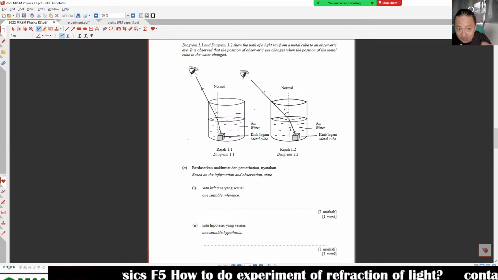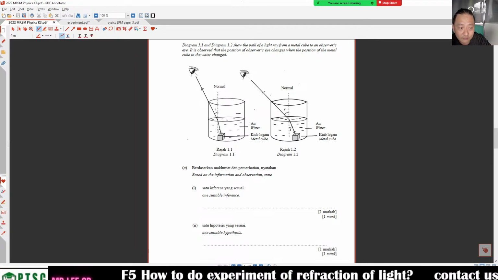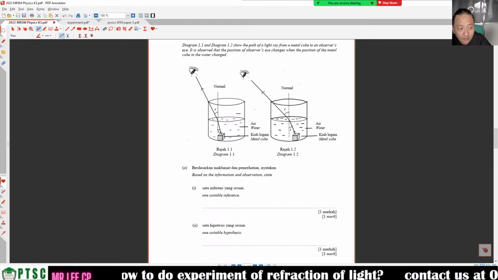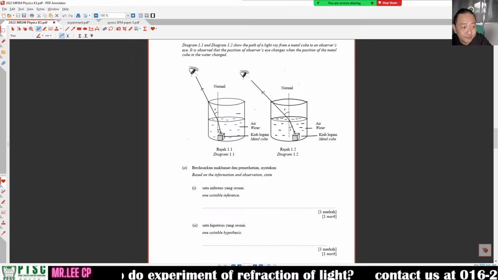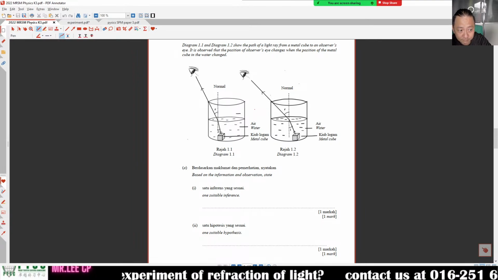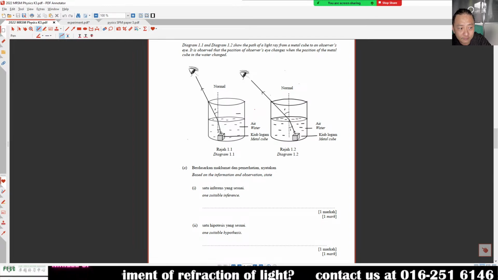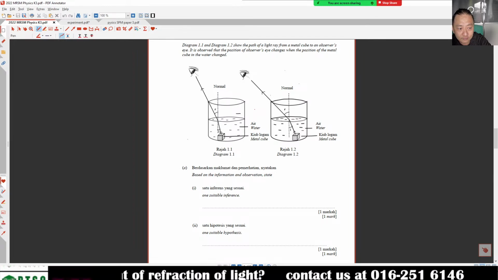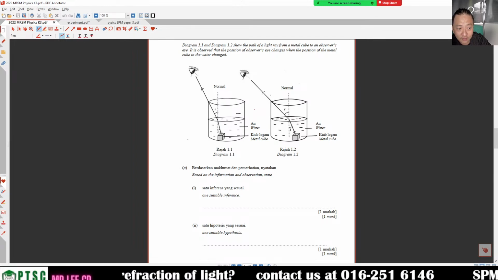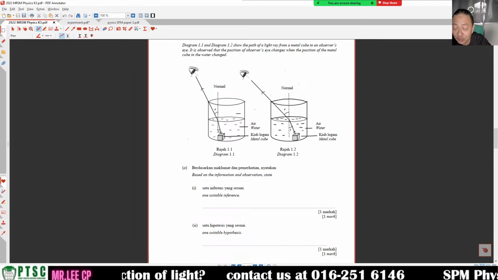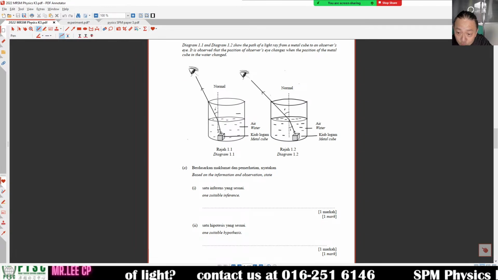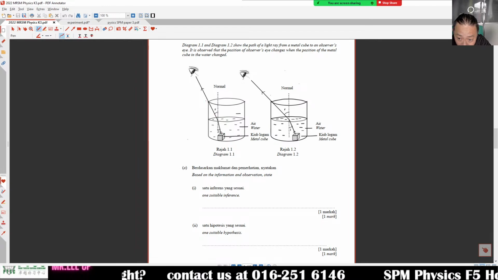This is MRSM. You answered me already, huh? Water to the air, the arrow shows you, you see the arrow?